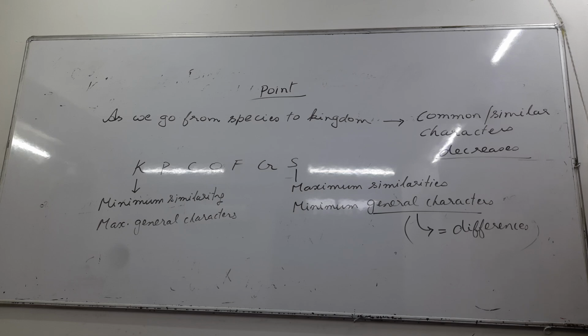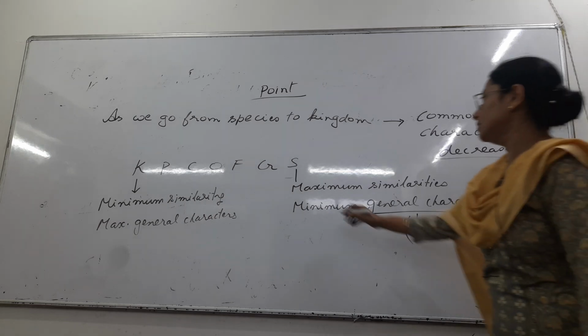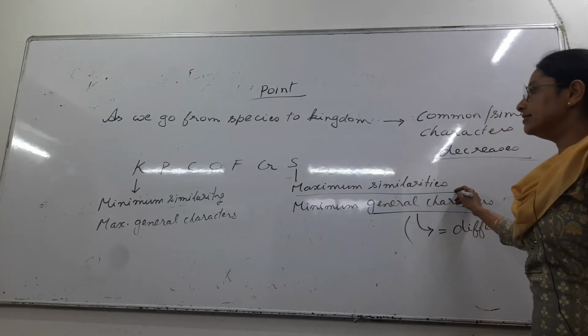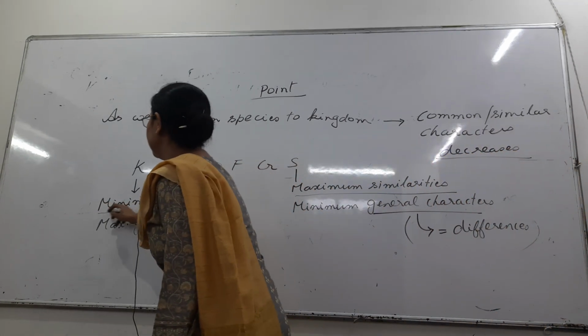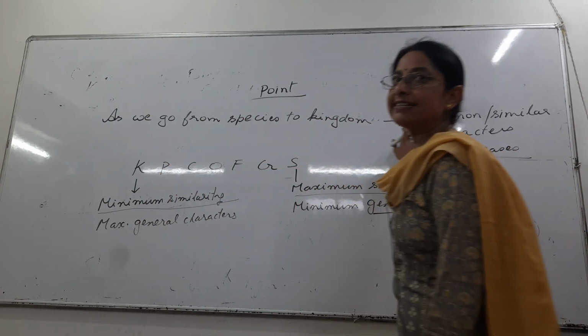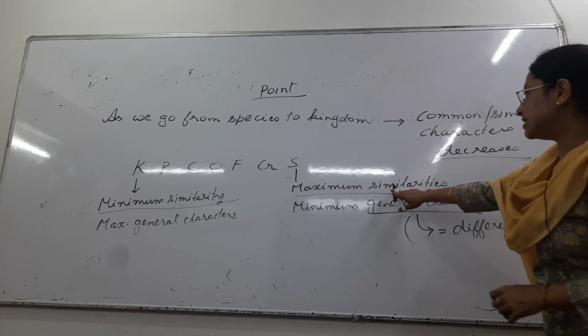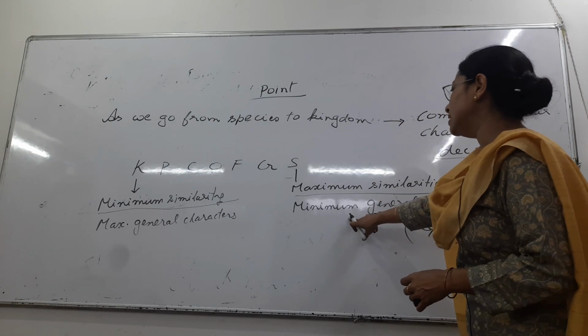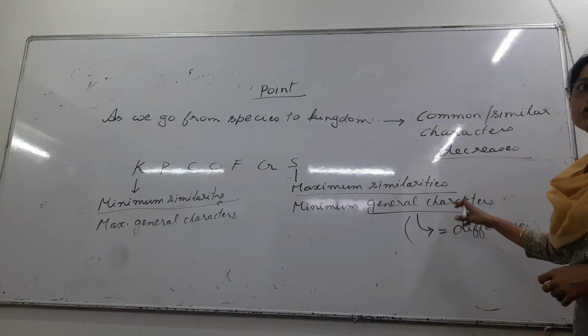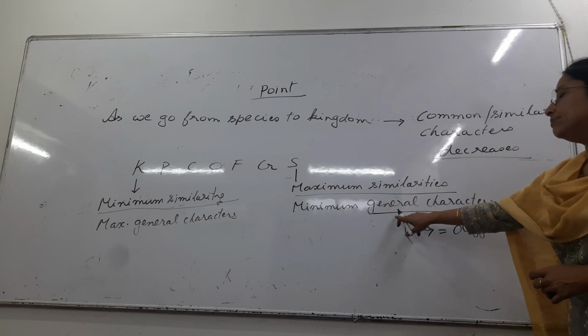Maximum similarity will be there, minimum similarity will be there. Maximum similarity will be in species, minimum similarity will be in kingdom, because we know this line, right? So when we are talking about maximum similarity, we come across another word that is called general characters. So sometimes a question may not give the word similarity but give general characters.